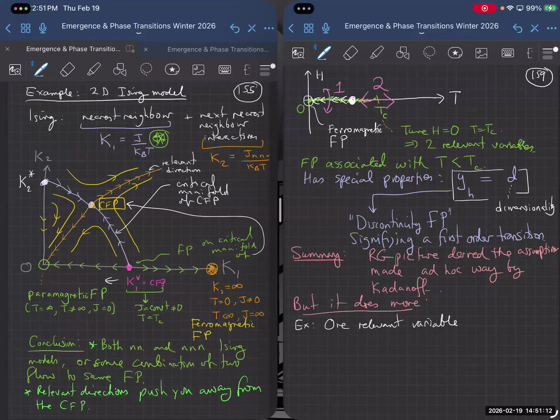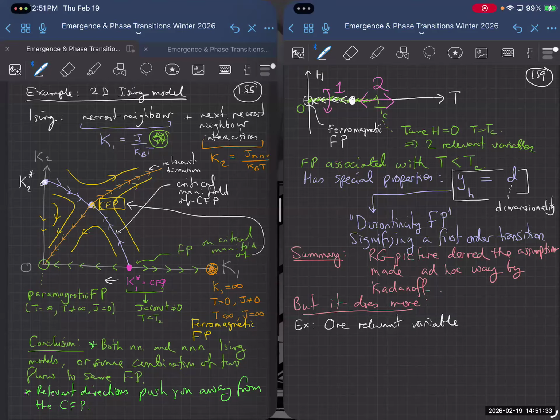You probably realize that there's a third dimension. What's the third dimension that's not drawn on that? H, that's right. H is also missing from that. And then you could say, well, what about the next nearest neighbor, K3, and so on and so forth. So in principle, all of those things can be there. I've just drawn for you a subset of that.